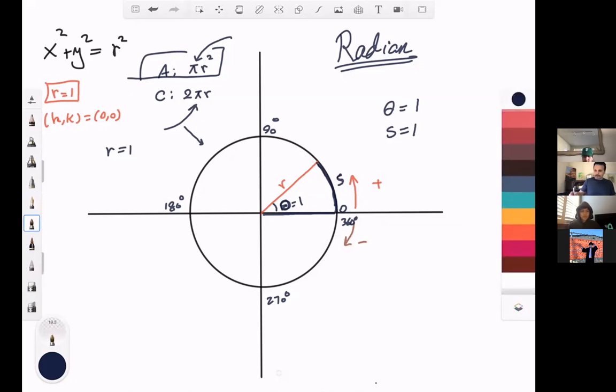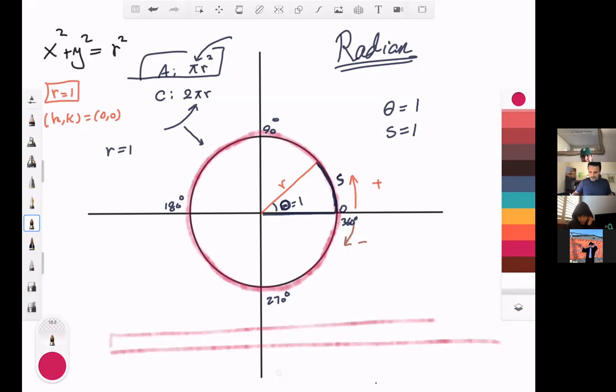2 pi. That means from here all the way to here will be 2 pi. What are the units? Whatever the measure. I mean, if you cut it and make a line, and put the ruler here, if you measure this one, it's going to be 2 pi. That's the meaning of circumference.